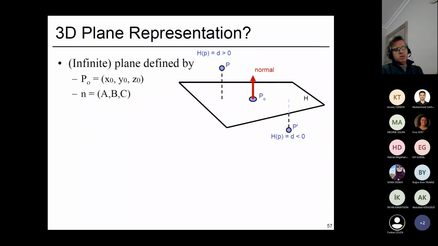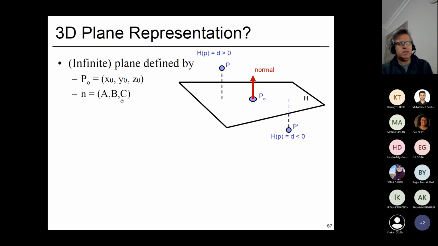A plane can be represented by two things: a point where the plane passes through. That is going to fix the plane's placement in space, but it won't fix the orientation. The orientation is going to be fixed by the normal of that plane.